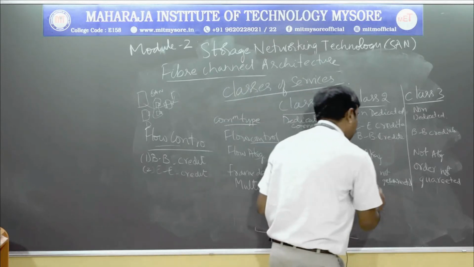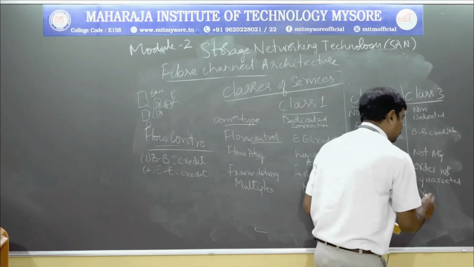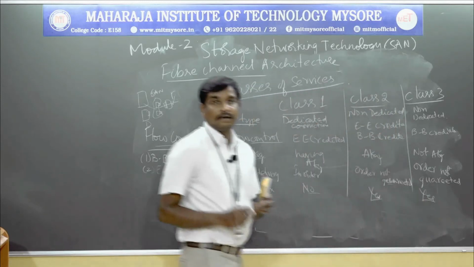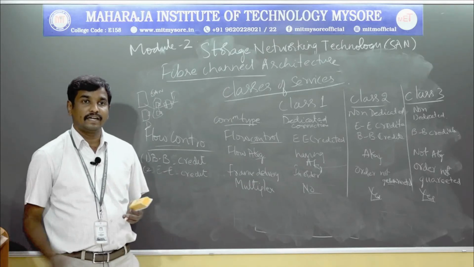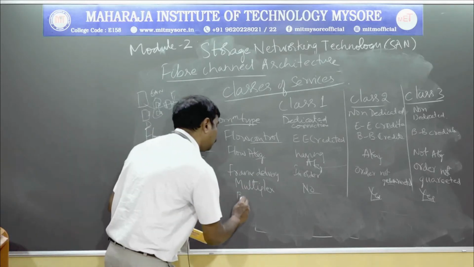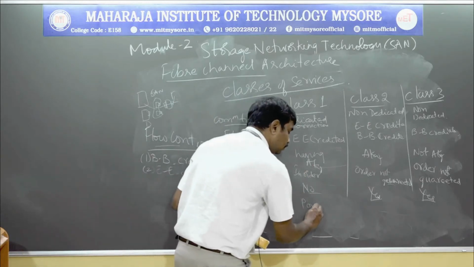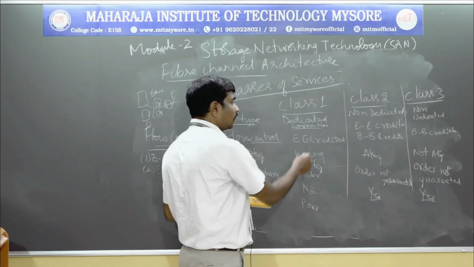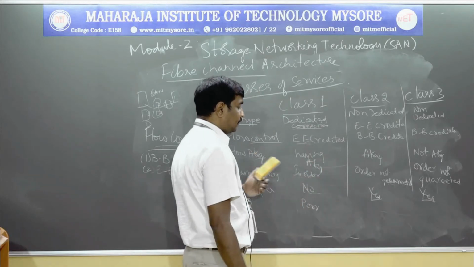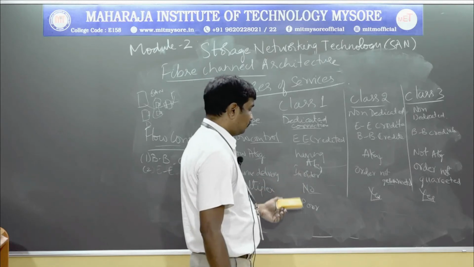In class 2 there is multiplexing, and in class 3 there is multiplexing. Like that we can differentiate. The bandwidth utilization in class A is poor, because we are connecting to dedicated devices with end-to-end credit, it should have acknowledgement in order, and multiplexing is not used.